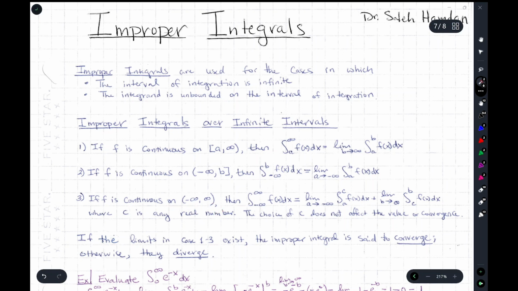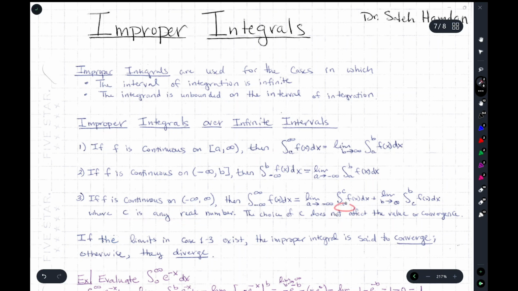Okay, and if you want to find the area under the curve over the whole entire real line, well, then you break up this integral at some arbitrary point c. Now, it doesn't matter what c you choose; any real number will work.